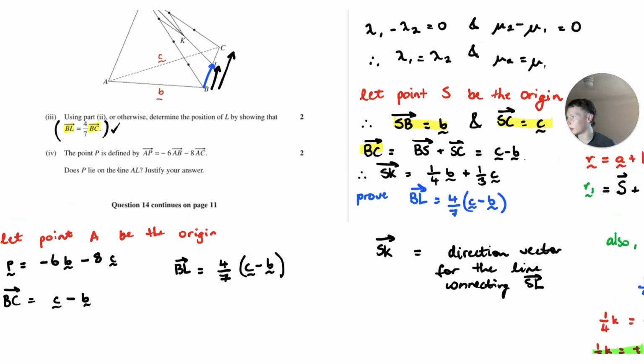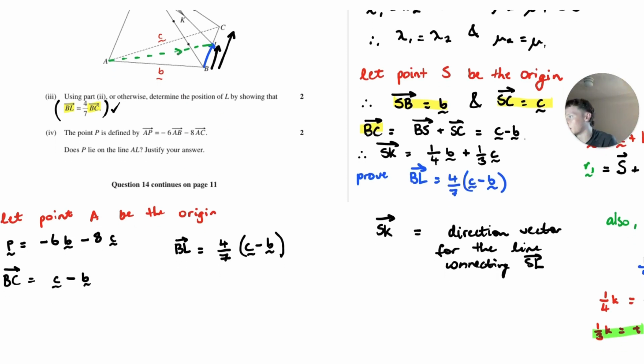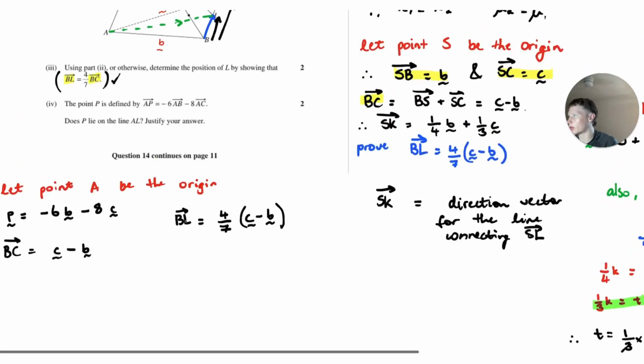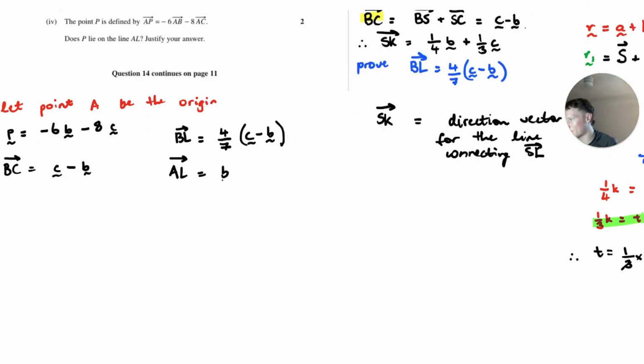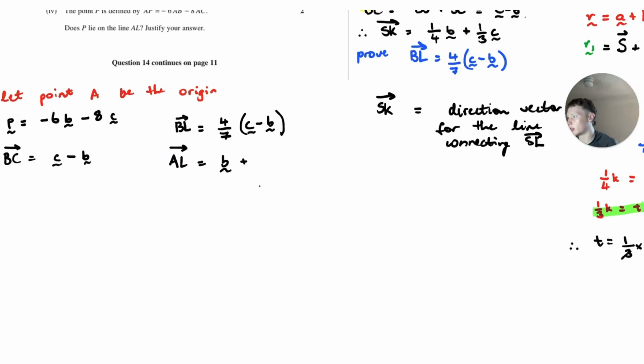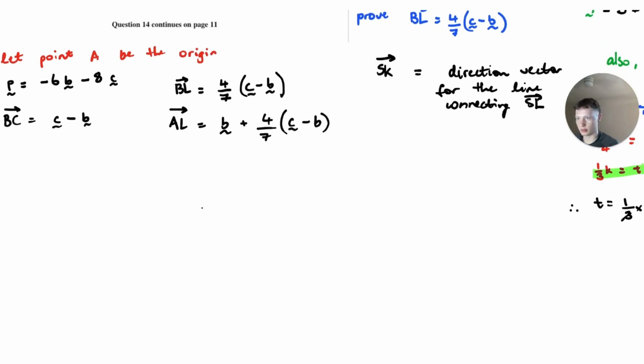So if we then are looking at the line A to L, the direction of that line, we're going to have to go A to B plus B to L. So I'll say A to L has to be A to B, which we know is position vector B, plus B to L, which we just defined. And we can simplify this a little bit because we can expand this out.